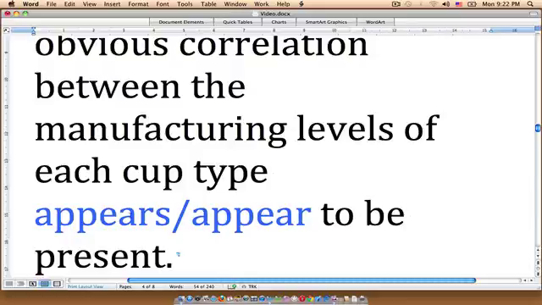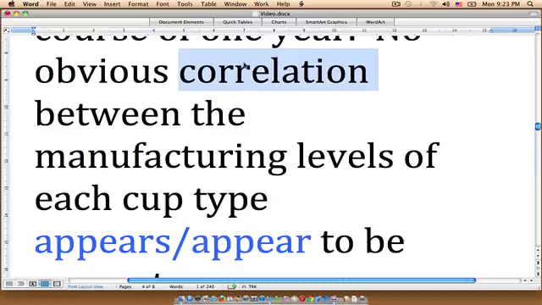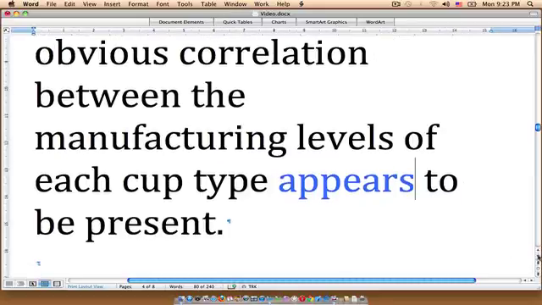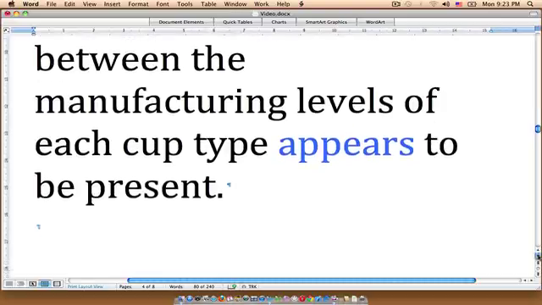When you get down to this point, some students might think that we're talking about the noun levels when we use appears or appear, but that's not true. Actually, we're referring back to the word correlation. And so correlation is a singular noun, so of course this would have to be appears.